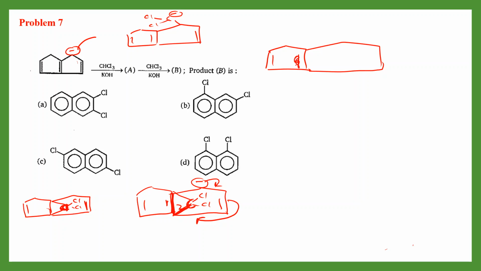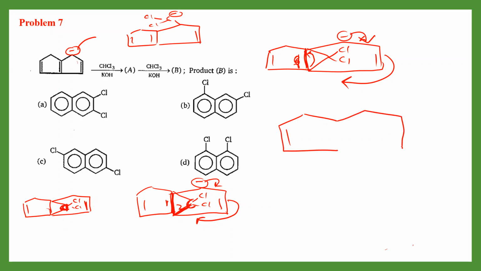But since this double bond has been utilized in this cyclopropanation, and the negative charge is here, I was saying that this will come here, this will come here. Now which bond is going to break? So let's say this bond has been broken. Okay, so you will get a structure like this.